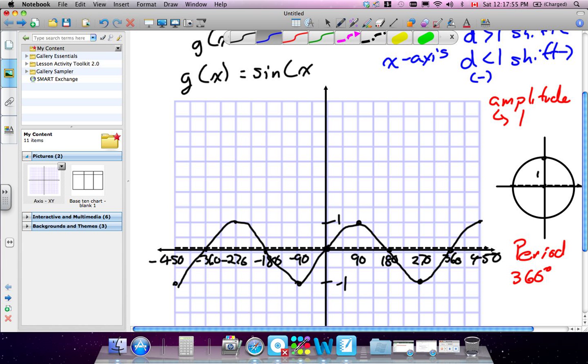Because you're working in degrees, they're probably going to go by increments of either 30, 45, 60, 90. It's just so it's easier to work. It can technically go by 1, but then my scale is way too large. If it told me to move like 1 degree, I'd need to make this graph so much more delicate, so much more intricate.